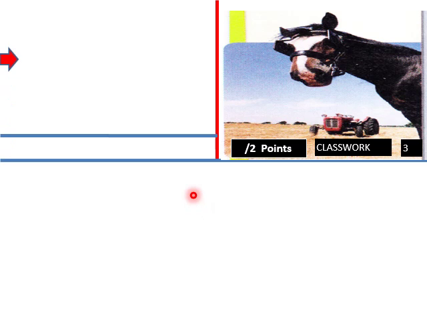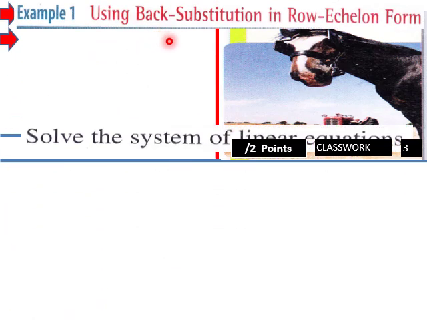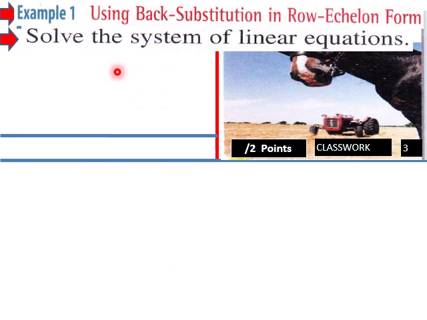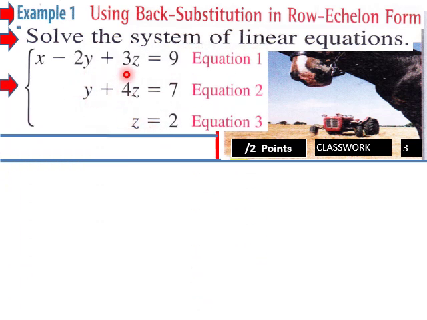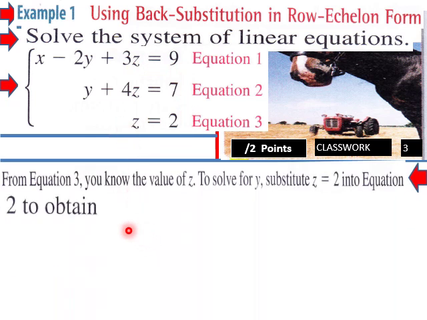Okay, well, let's try an example to show how this works. Using back substitution in row echelon form, solve the system of linear equations. So we have a system here, equations 1, 2, and 3. From equation 3 down here, you know the value of z equals 2.